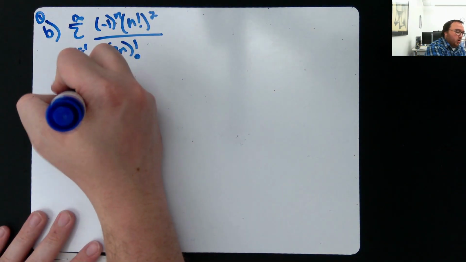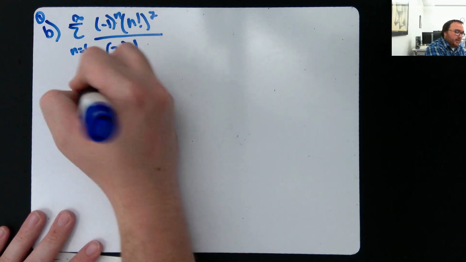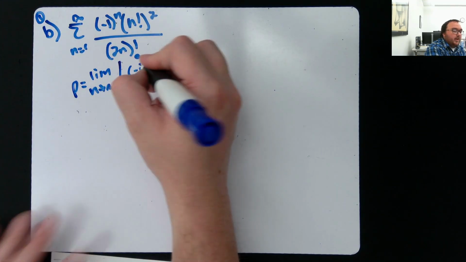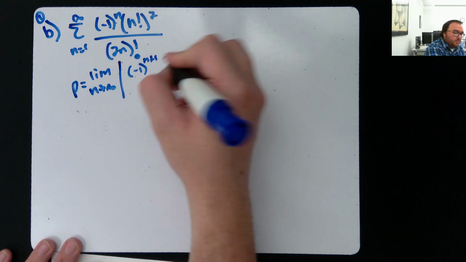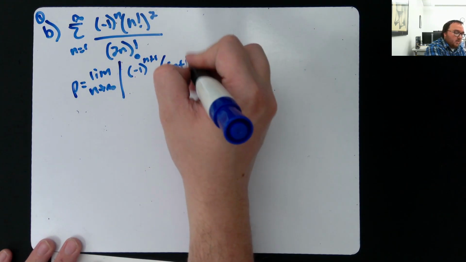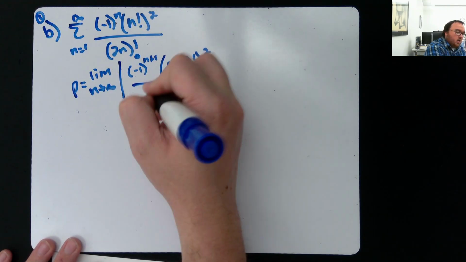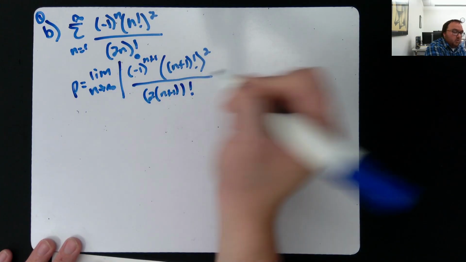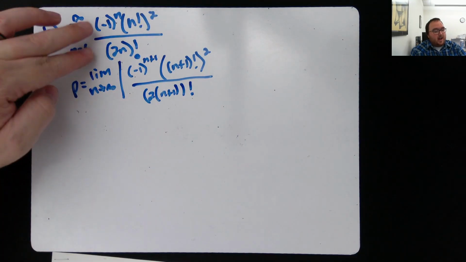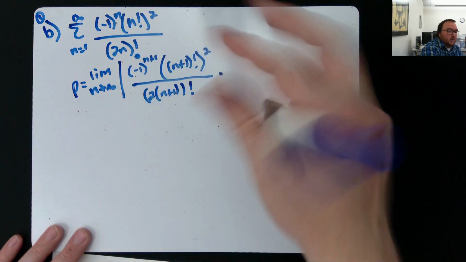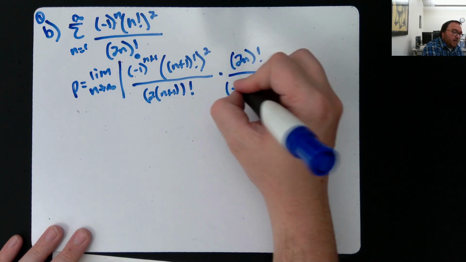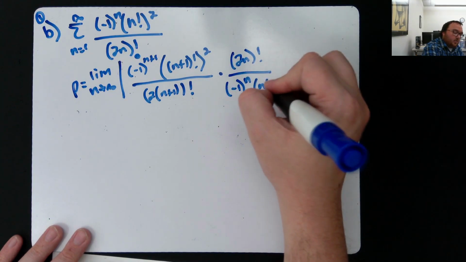So I'm going to find rho, limit as n goes to infinity, absolute value of negative 1 to the n plus 1, again plugging in n plus 1, factorial squared over 2 times n plus 1 factorial, divided by what I had to start with, so times, flip it, 2n factorial over negative 1 to the n, n factorial squared.